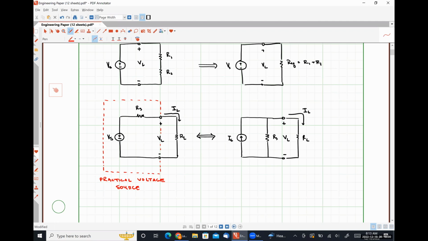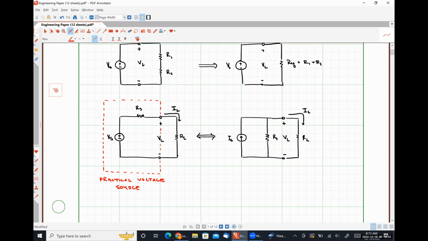A real voltage source cannot provide infinite current. It can only provide some finite amount. The purpose of that resistor RS in series with our ideal independent voltage source is to limit the current to some finite value, okay? So typical values for the source resistance of a voltage source are somewhere in the ballpark of milliohms, usually, up to single-digit ohms if you have a very inefficient source.